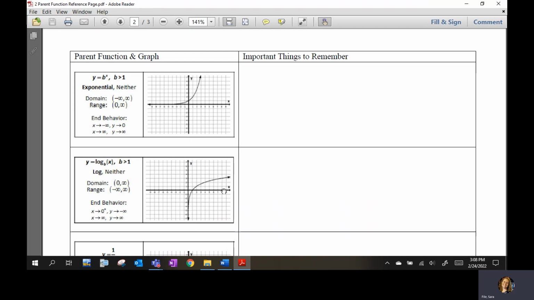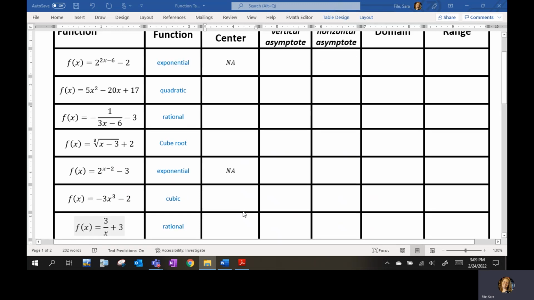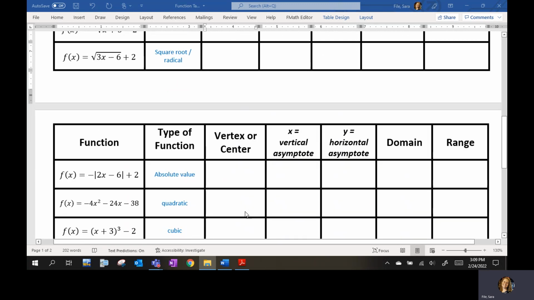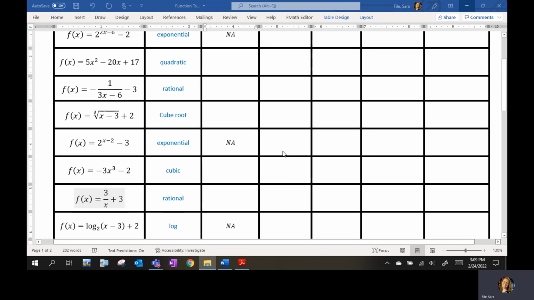So these graphs have no vertex or center. They don't change direction either. There's no point of inflection. So we're not going to list anything for those. That's why for the logs and exponentials here, I put in NA, not applicable, for vertex or center, because there's not a point for you to find that's going to affect the domain or range or anything.